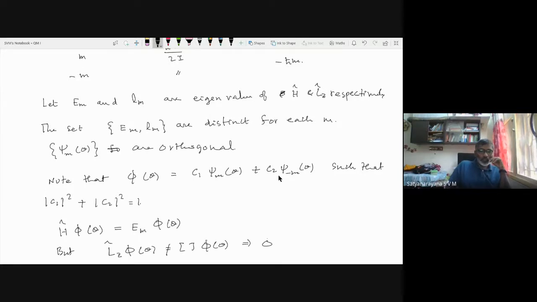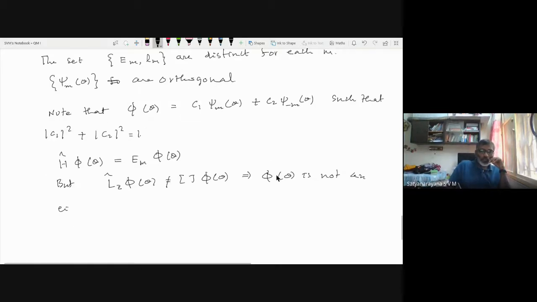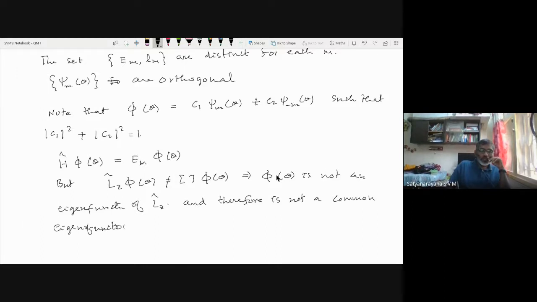So this implies phi of theta is not an eigenfunction of the Lz operator, and therefore is not a common eigenfunction of the Hamiltonian and Lz.